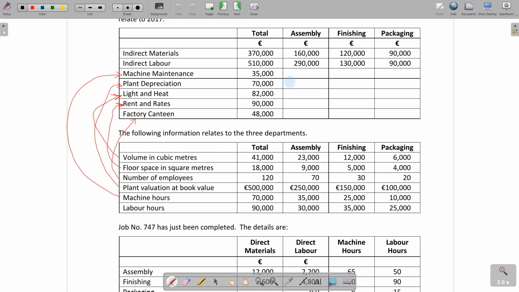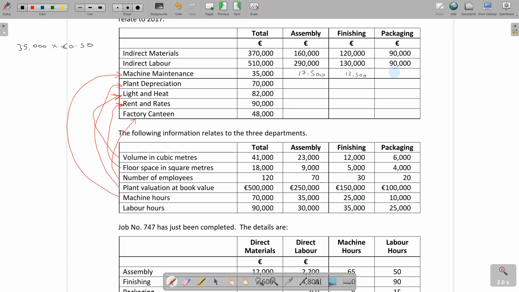So if you multiply 35,000 by 50 cent, we'll get 17,500 here. Then if we multiply the 50 cent by 25,000, we'll get 12,500.